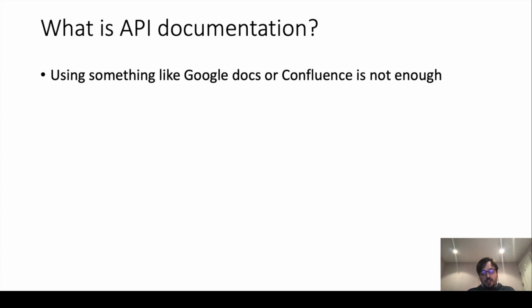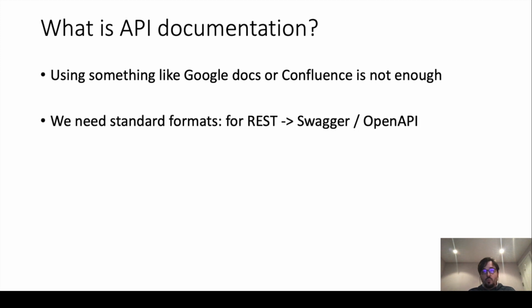And it's not enough because the existing tools in the ecosystem of documentation-driven development can't use these tools to generate tests for our implementations. When it comes to APIs, we have to use standard formats. When it comes to REST, that is Swagger or OpenAPI.